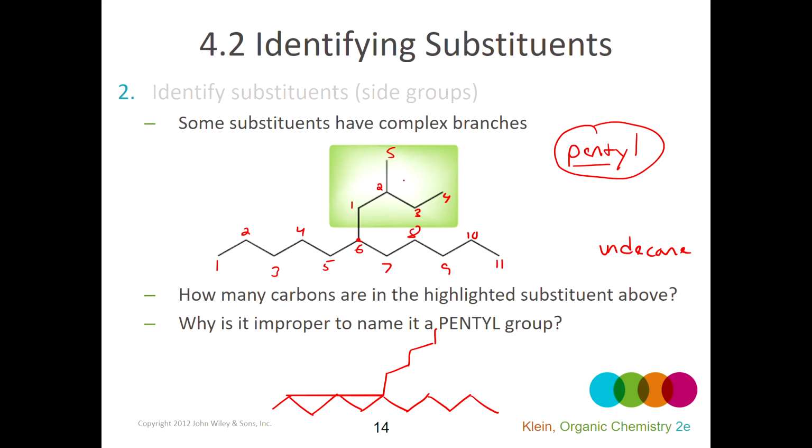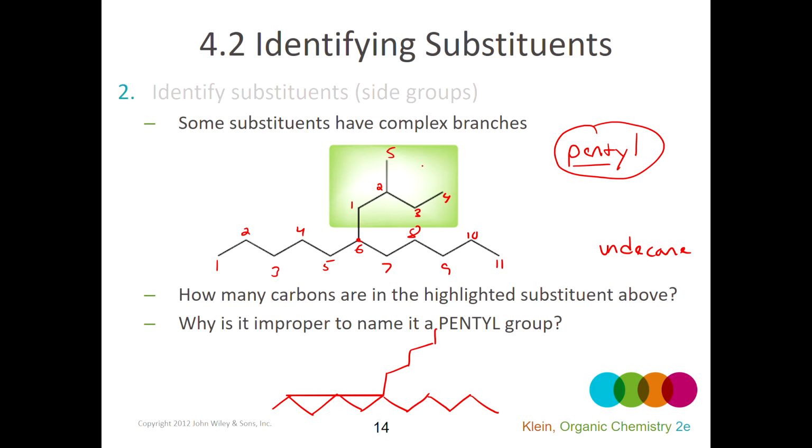So when the carbons in the group are not consecutively connected in an extended chain with no branching, what I need to do is to find the longest chain of consecutively connected carbons that's within that side group and name my group based on that. So my parent chain has 11 carbons, it's undecane.